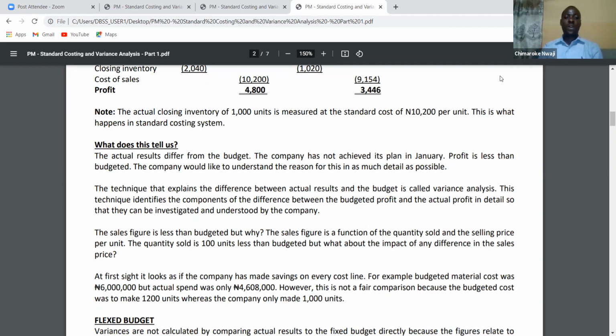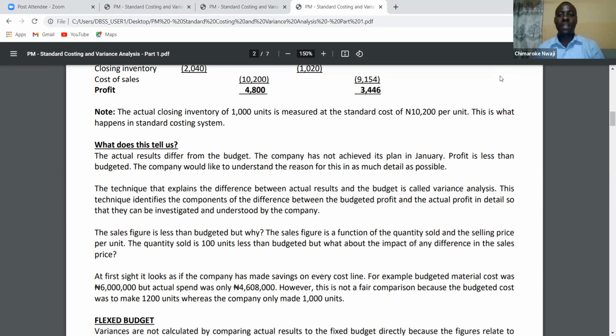Now, the sales figure is less than the budgeted figure. Why? This is because the sales figure is a function of the quantity sold and the selling price. So why was the sales revenue different in the budgeted and that of the actual? One reason is that the quantity sold in the actual is less than the budgeted.